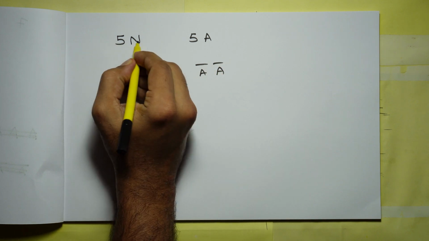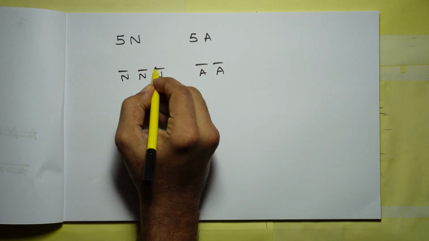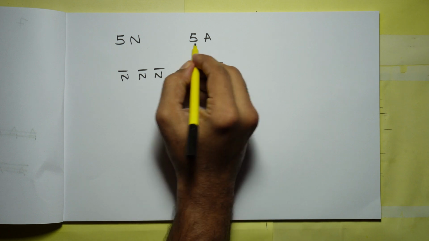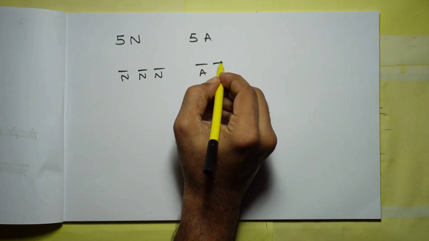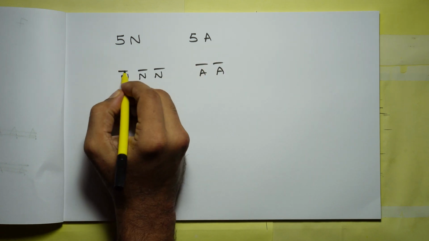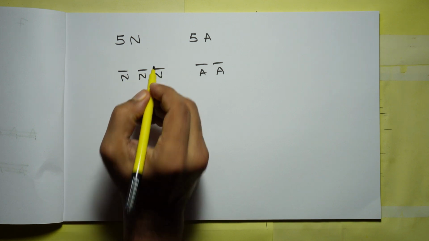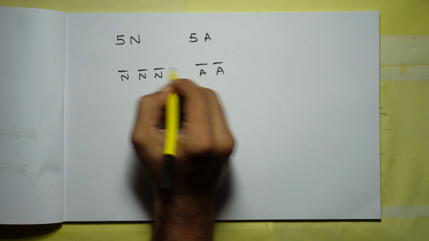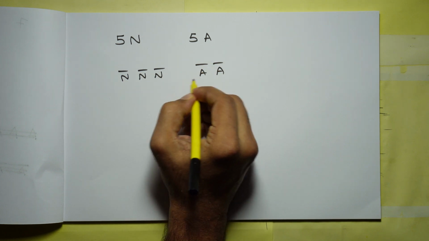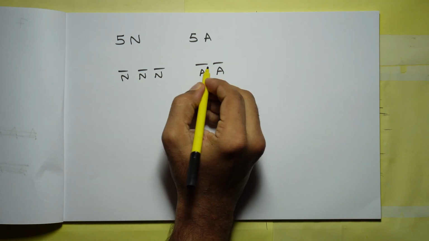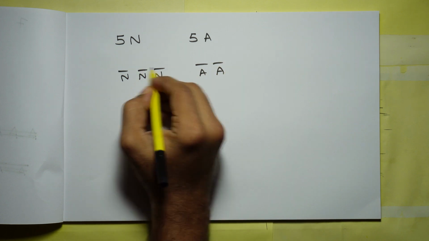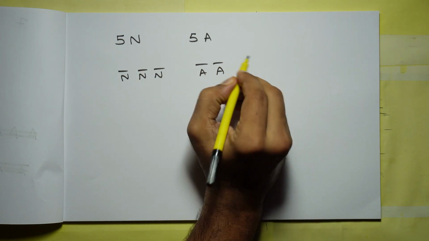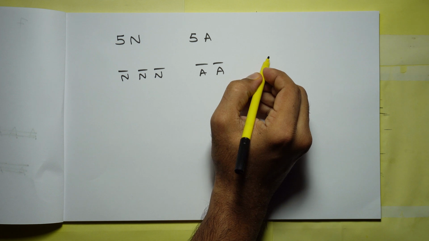Out of the 5 numbers, you can select 3 numbers, and out of the 5 alphabets, you can select these 2 alphabets. Now if you interchange the numbers among themselves, or if you interchange the 2 alphabets among themselves, you will get a different order, or you will get a different number plate. So if you change the order, you will get a different outcome or a different number plate, in which case you cannot apply the combinations formula.